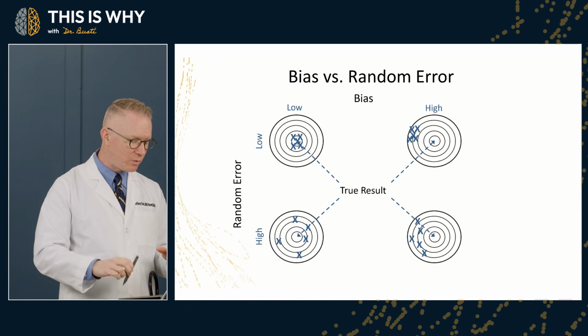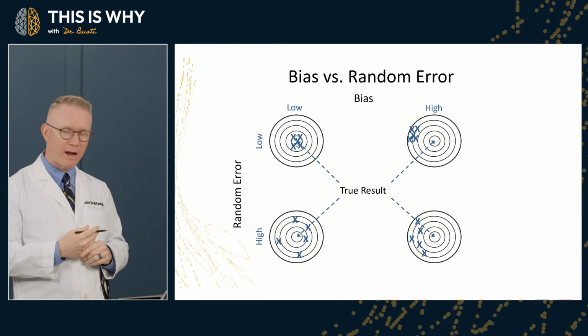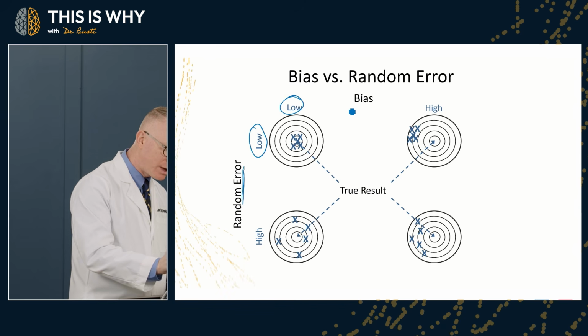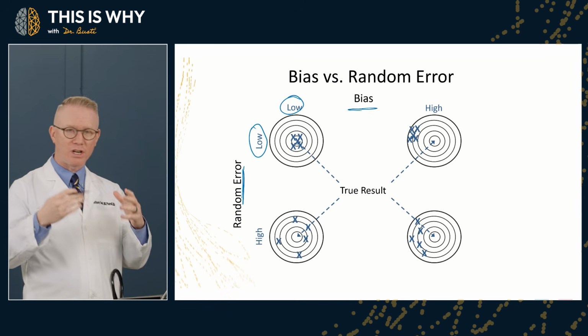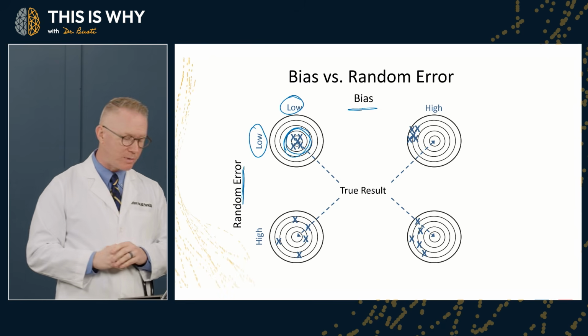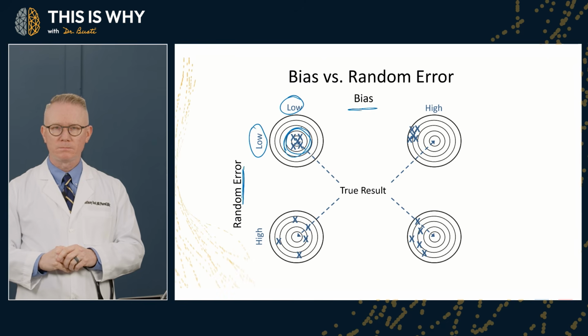And so when you start thinking about random error and bias, we want low random error over here, and we want low risk for bias so that our precision and our accuracy are where they're supposed to be, the true result.